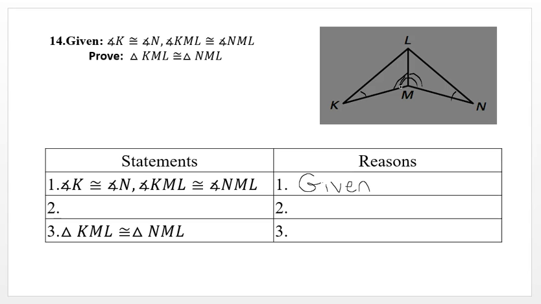And part two is name another congruent statement that we know for a fact about these two triangles, KLM and NLM. All right. The only other thing that we know for each part of these two triangles that are congruent are the two sides that they have in common with each other, which is that right there, LM.